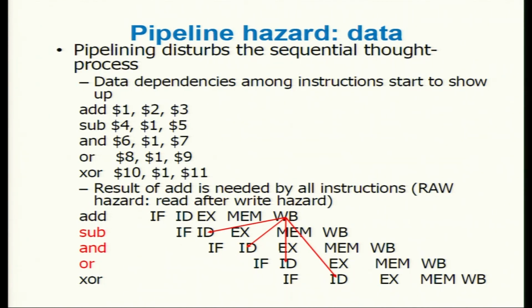So fortunately there are easier solutions, and the observation is that this instruction actually has produced the result here, even though it hasn't yet updated $1. Because the moment it crosses this particular stage, the result is available inside the processor. And this instruction requires the result of this instruction only here, which is sort of slightly future in time. So that means I can transfer the result from here to here and do the computation correctly.